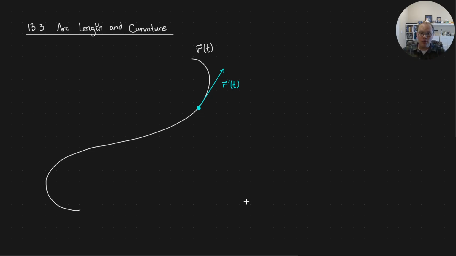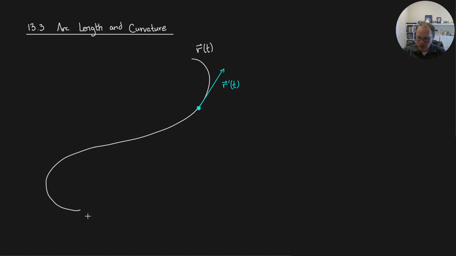Now, depending on how we parameterize it, maybe we're going faster. And if we're going faster, that means our tangent vector is going to be longer, okay? Or maybe we're going slower at this point, and so our tangent vector would be smaller.